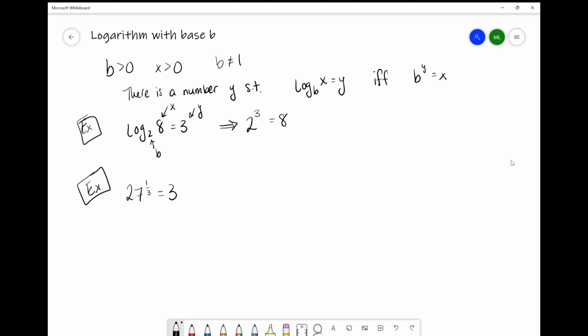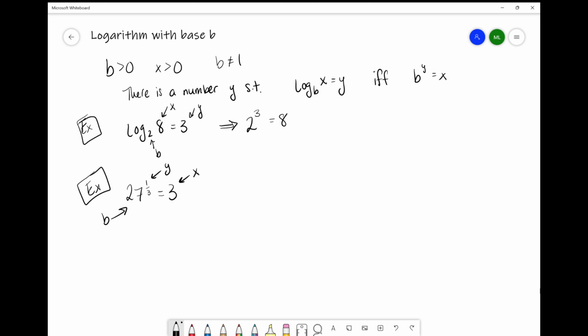Following our theorem, b to the power of y is equal to x, so we can establish that 27 is b, 1/3 is going to be our y, and 3 is our x. So let's rearrange it into the form log base b of x is equal to y.